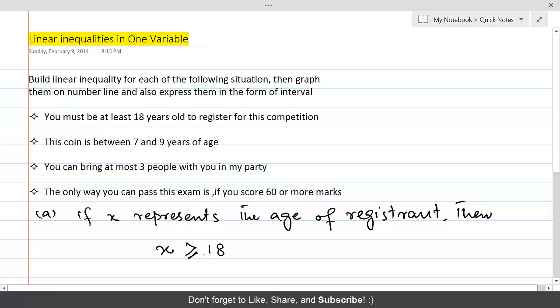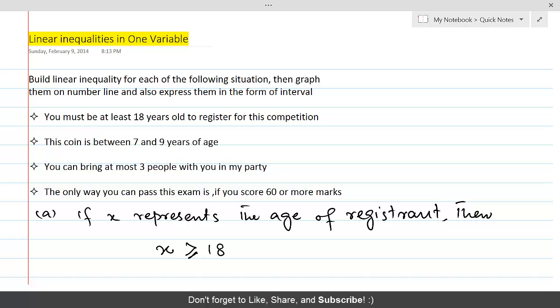Here 18 is called the reference value. If the reference value is part of the inequality, we use the equal sign along with greater than or less than. Otherwise, if the question was that you must be more than 18 years old, then the reference value 18 was not part of this inequality and we wouldn't use the equal sign.